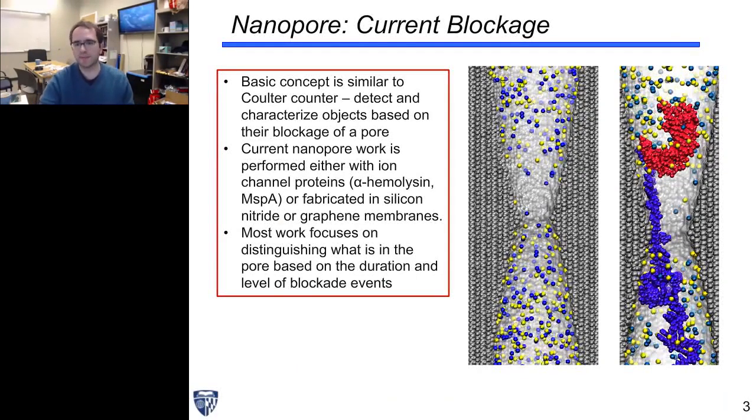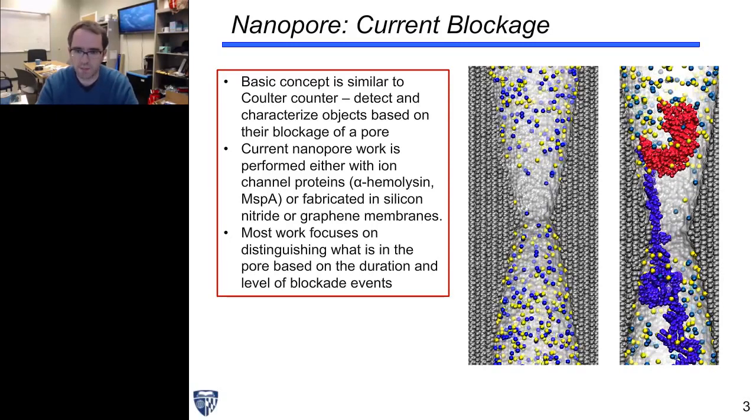Well, the basic concept is similar to that of a Coulter counter. The Coulter counter is this idea for counting cells and characterizing cell size. You can detect and characterize objects based on the blockage of a hole, in this case a nanopore, but it could be any size hole with the Coulter counter concept, and the ionic current flowing through.